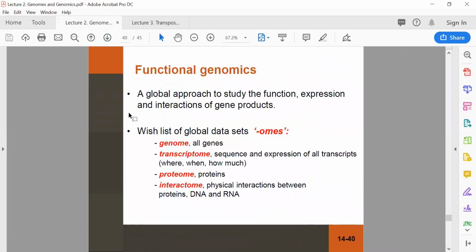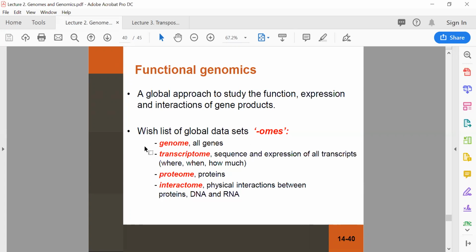All right, and finally we move on to functional genomics. So functional genomics involves a global approach to study function, expression, and interactions of gene products. In addition to the genome, there are also other global data sets referred to as omes.